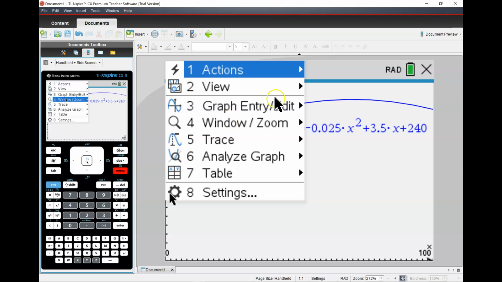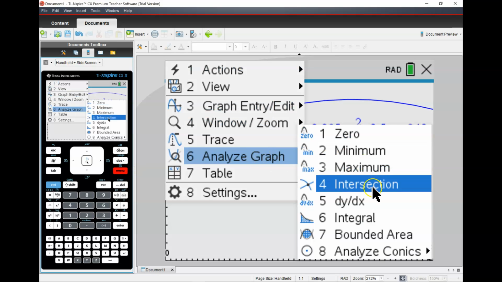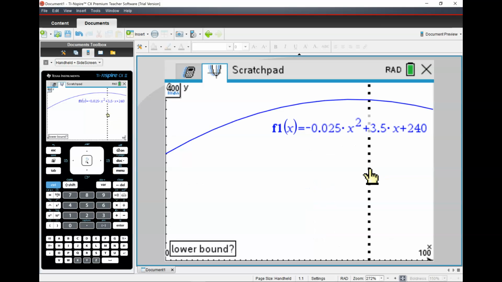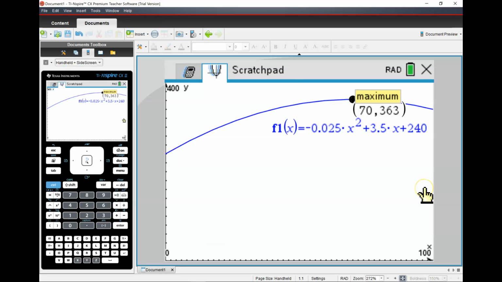Let's go to menu, analyze graph, maximum. I'm not sure exactly where the maximum is because it's such a flat curve. So I just take a wider range and let the calculator calculate it for me. And look at that. It's 70 and 363.